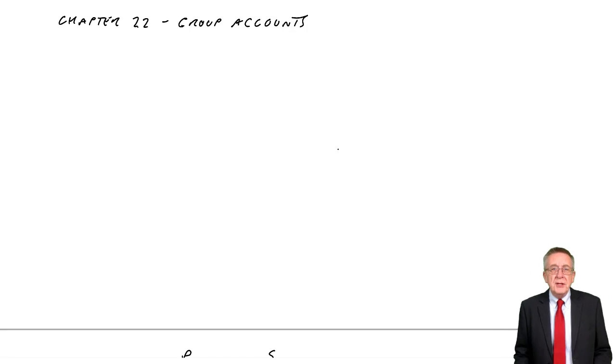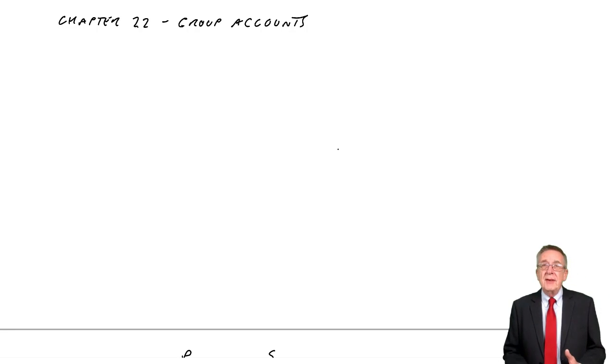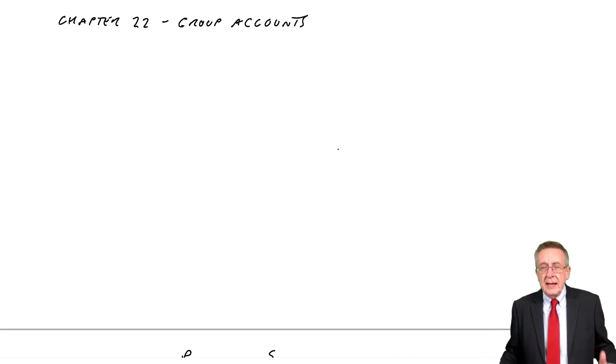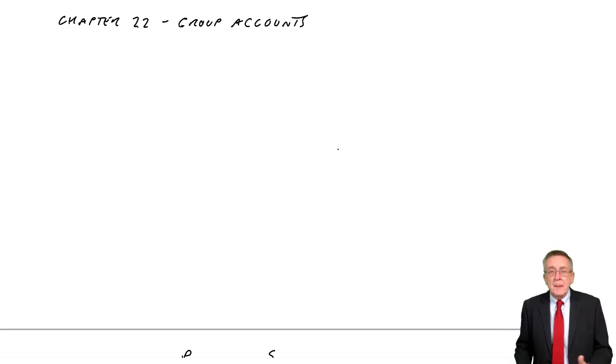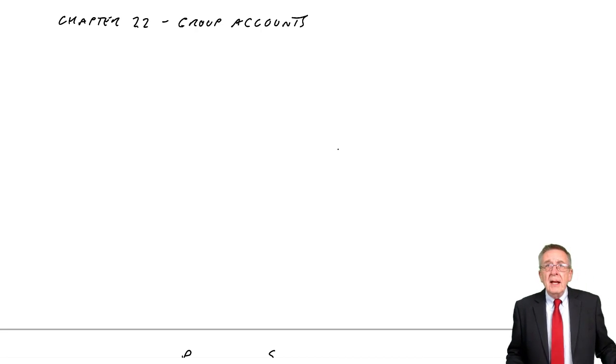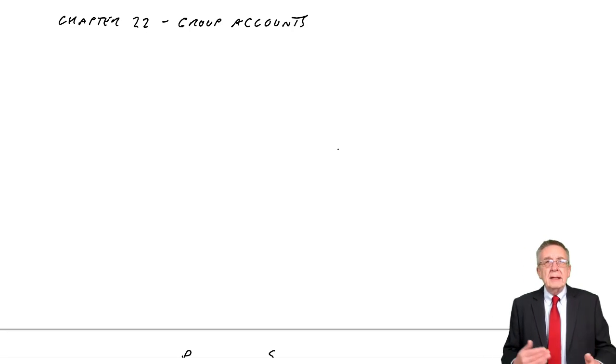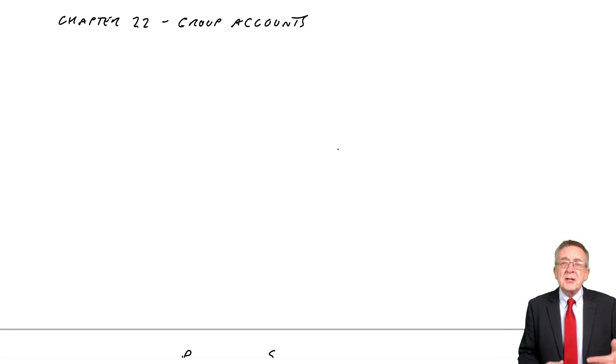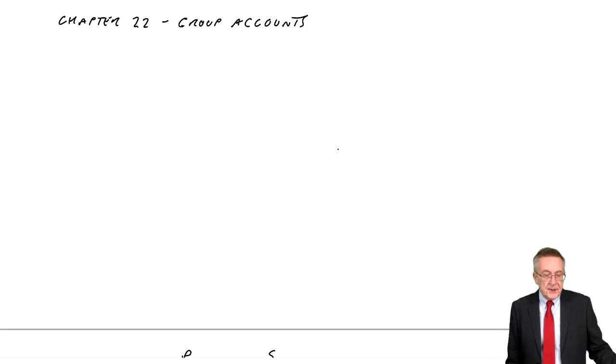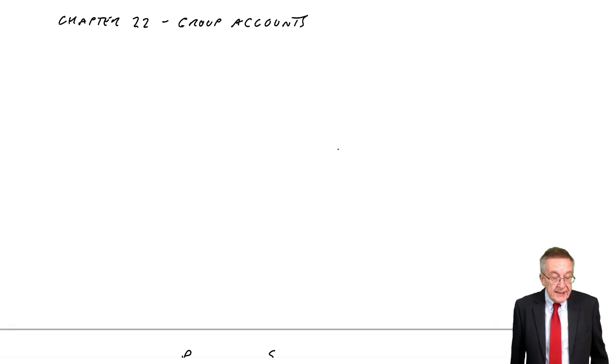And so we are required to produce a third set of financial statements as though it is effectively one big company. Several problems can occur, but let me show you what I mean by that. We'll start with a very simple one, and then we'll go through more examples bringing in the various problems. So look first of all at example 1.